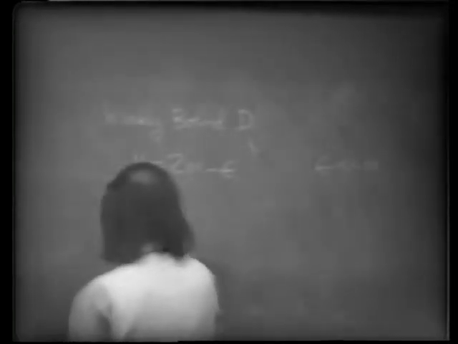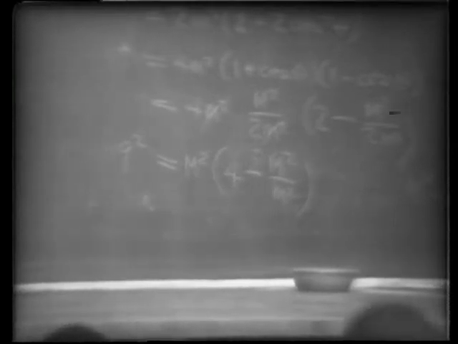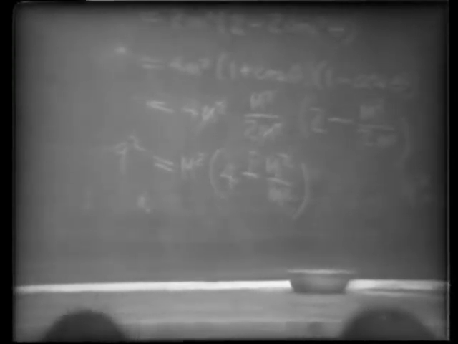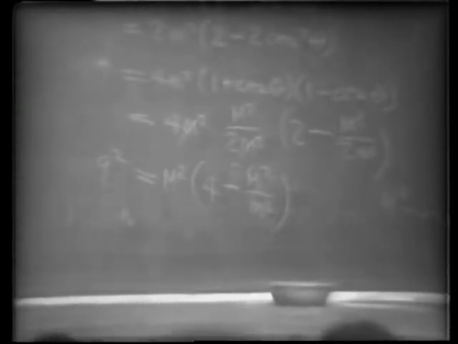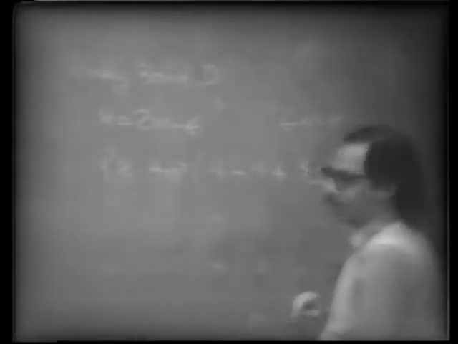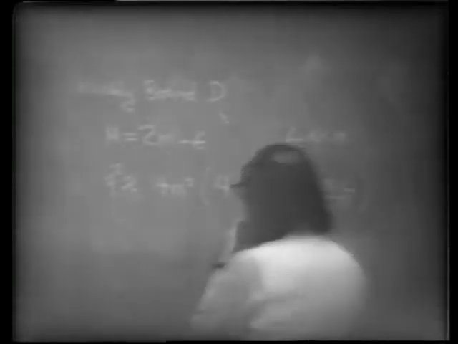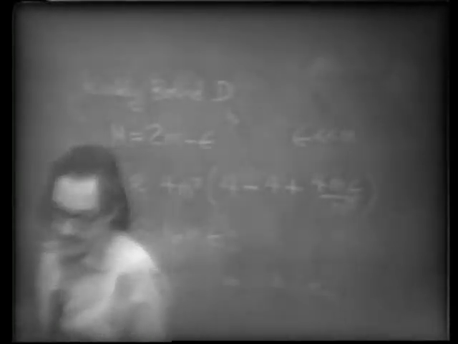Expanding out and retaining terms only linear in epsilon, we find 4m squared has a 0th order term, 4 minus, sorry, plus, because it was a minus sign up there, 4m epsilon over m squared, dropping the term of order epsilon squared, or 16m epsilon. And is that right? Yes, that is right.